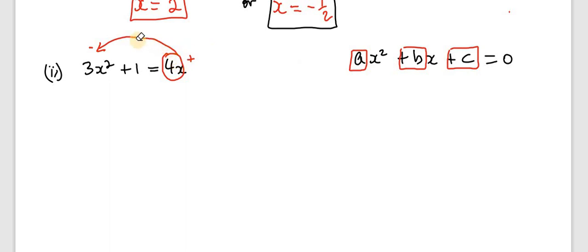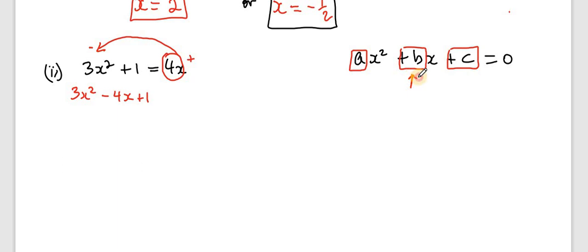When the 4x is transposed, we have 3x squared, then the 4x, now becoming negative 4x, in the middle, and this plus 1 at the end.